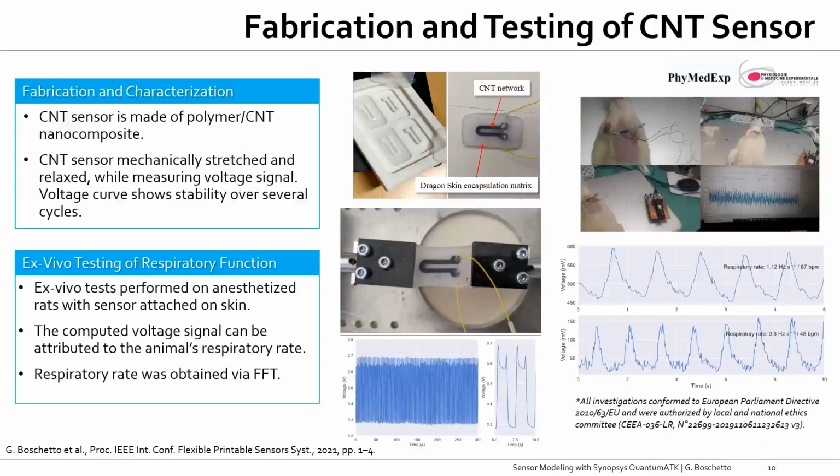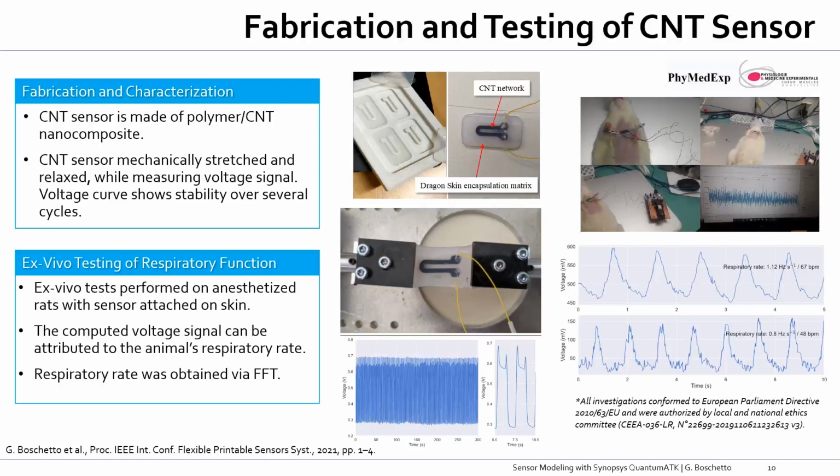Okay, so far we discussed our simulation results, but how can we link these to experiments? What you can see here is an example of the fabrication and testing of our CNT sensor. To fabricate the CNT sensor, we encapsulated our CNT network in a conductive polymer matrix, which ensures an even greater stretchability and biocompatibility of the sensor.